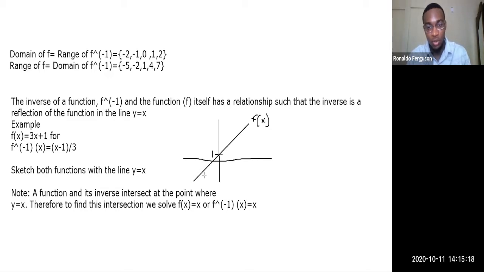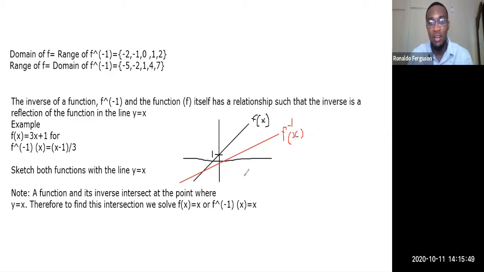It passes through minus 1 over 3. That's just a rough sketch. So this would be the graph of f inverse of x, and the y-axis intercept is minus 1 over 3.